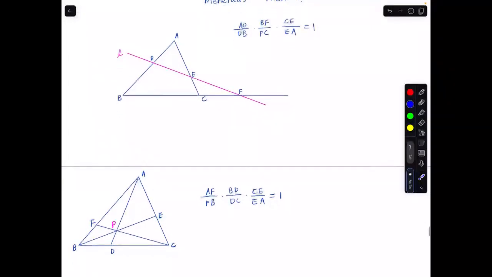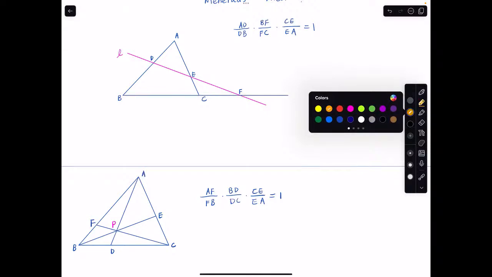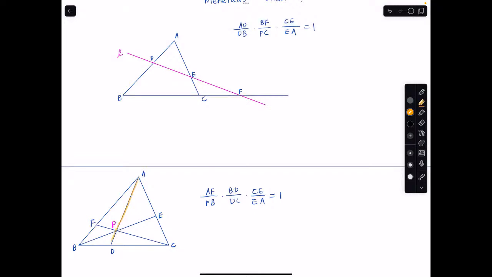If we use ADC as the triangle here, I have a line cutting the triangle.